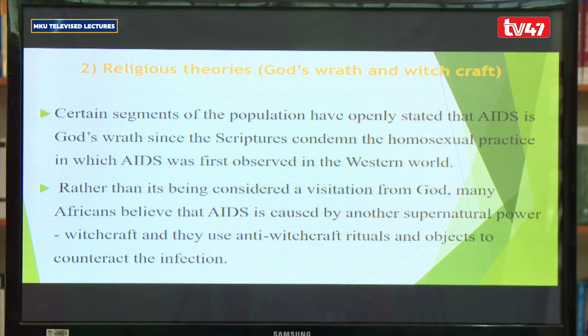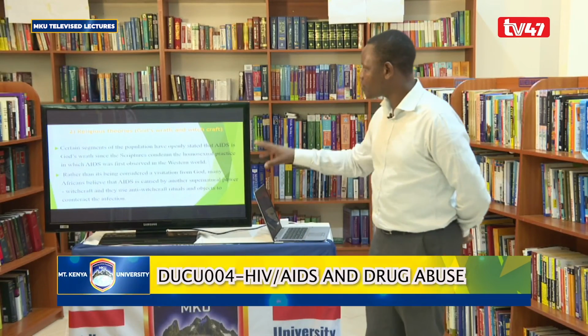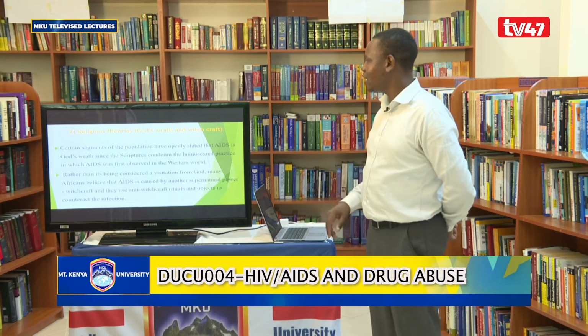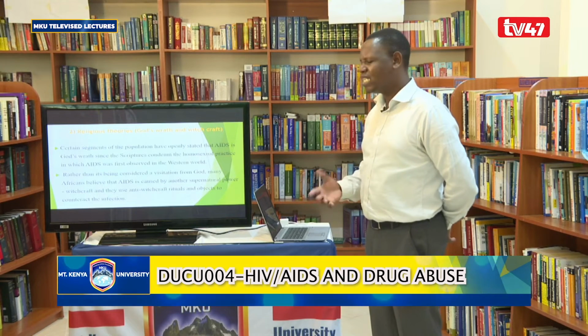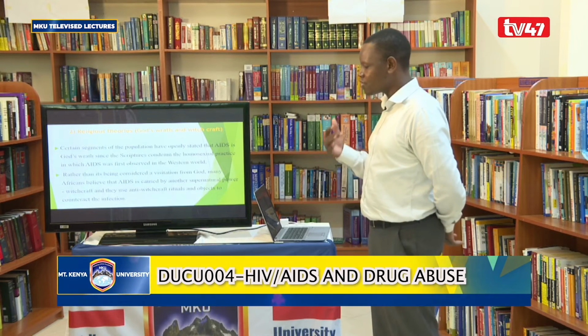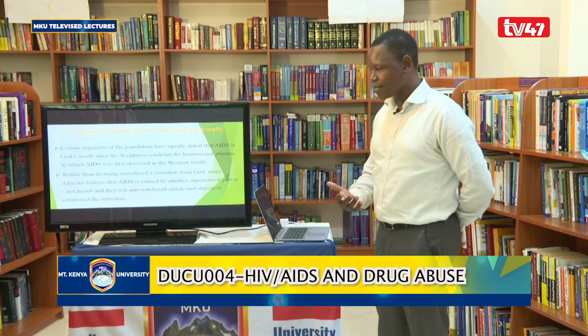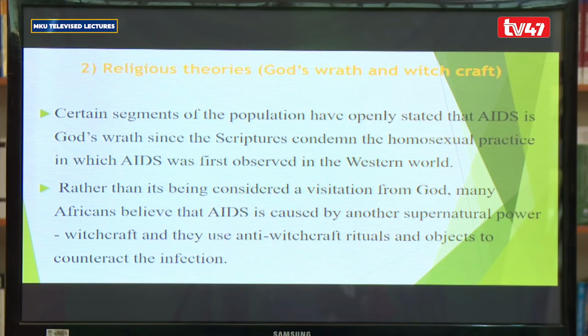Now let's look at the second theory. When we talk about the religious theory, or God or witchcraft, this comes maybe because God was very hungry, or it could be witchcraft. Certain segments of the population have openly stated that AIDS is God's punishment, since the scripture condemned the homosexual practice in which AIDS was first observed in the Western world.